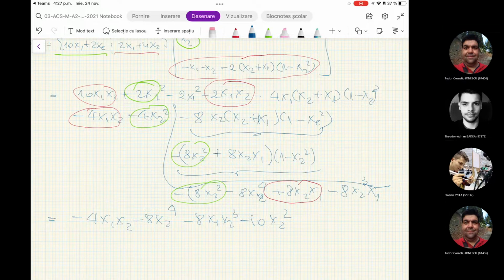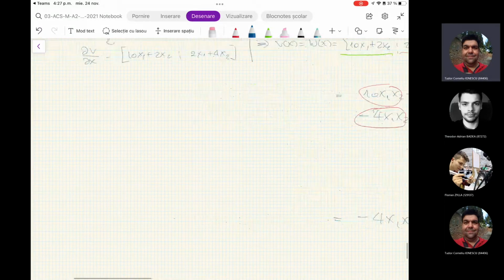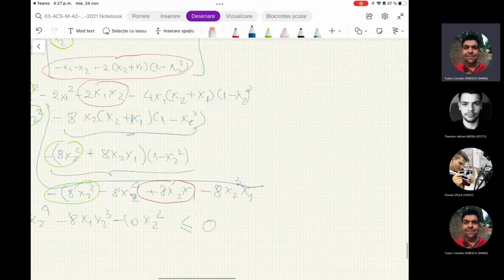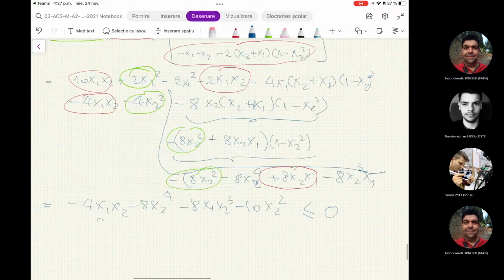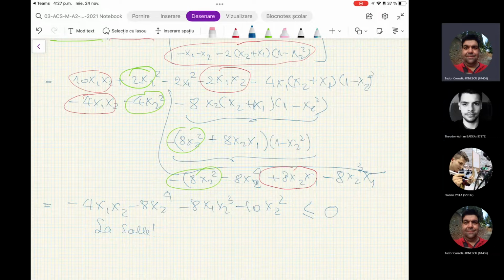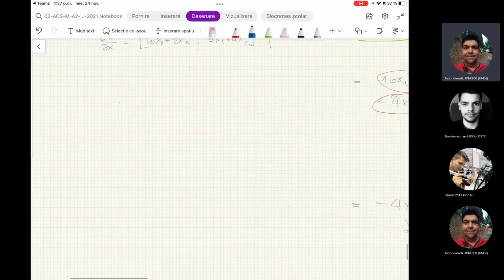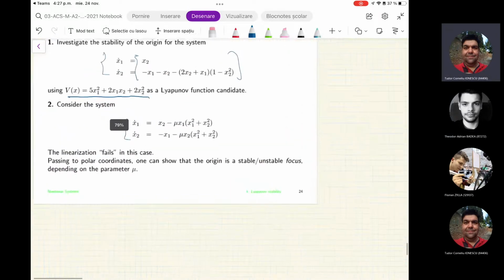Okay. And this can be manipulated further to look like this is semi-negative definite. Okay. Semi-negative definite. And then you may use LaSalle. You can check it further. And you can also do the phase plot and see what happens. Okay.